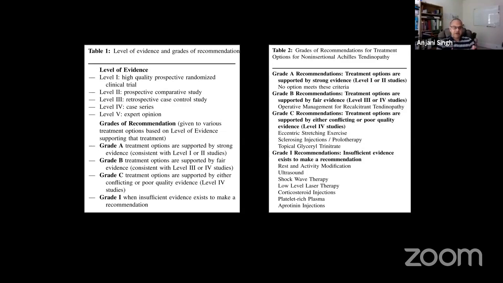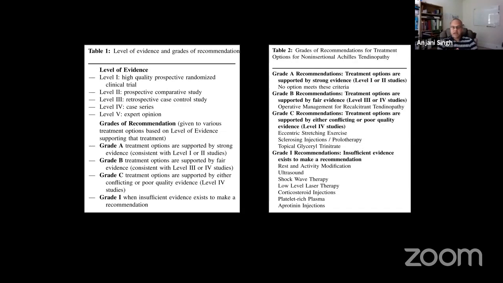And these have been graded as grade A, grade B, grade C and I, depending upon what level of evidence supports each of the different treatments which have been talked about before. On the slide on the right, grade A is the one which has good scientific evidence to support it. And none of the options which we discussed before support this.